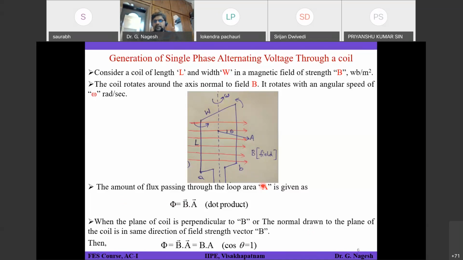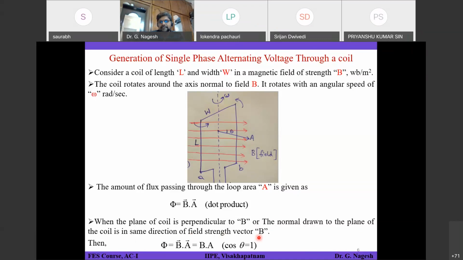I assumed that the coil is exactly perpendicular to the flux density B. We can see the same thing in a different way: the normal drawn to the plane of the coil is in the same direction as the flux density vector. That means B and A are in the same direction, where A is the normal drawn to the plane of the coil.